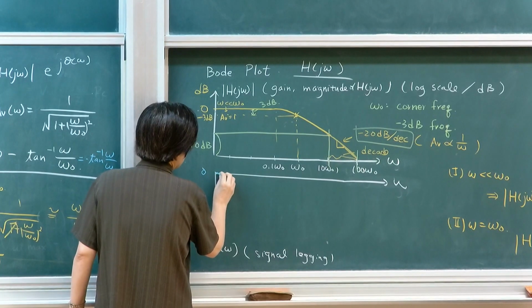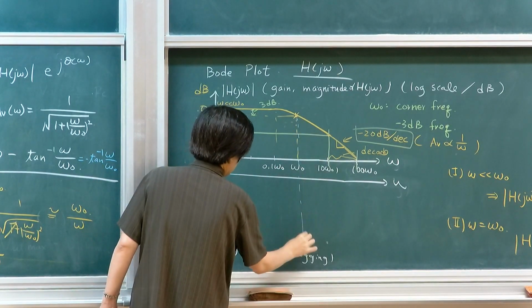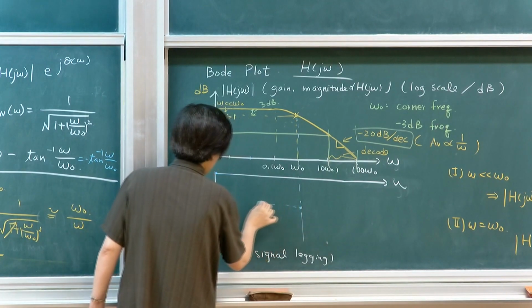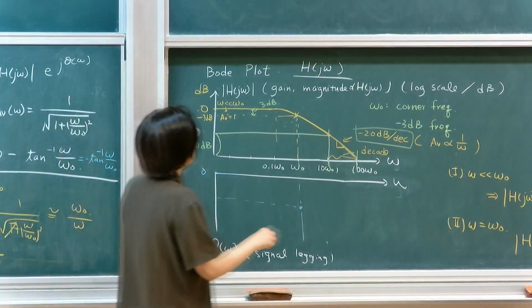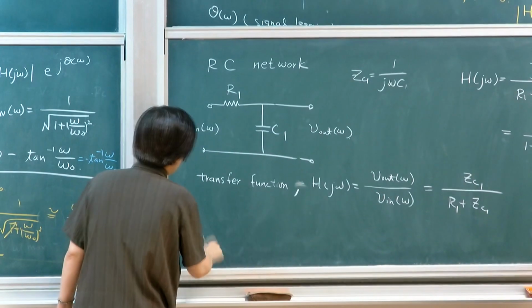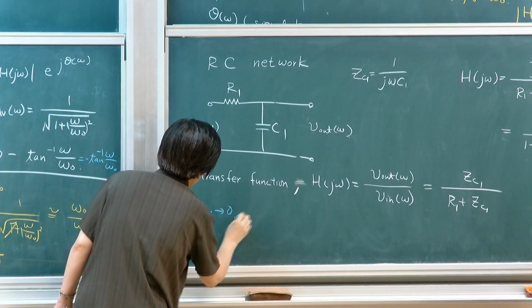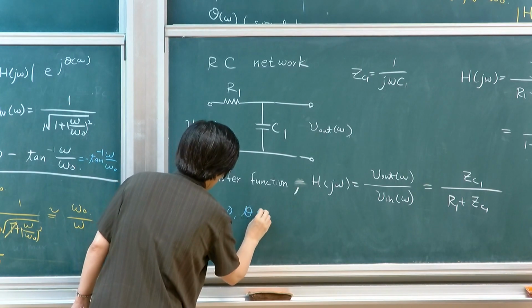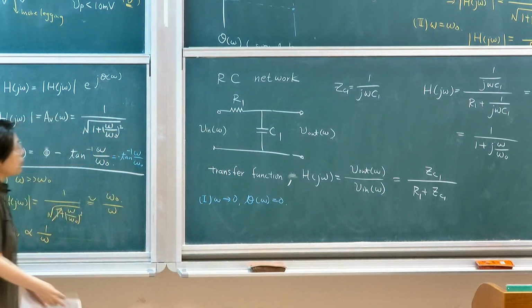So we find out each point. You also look at 3 regimes. At omega close to 0, the phase shift is 0, meaning that frequency is very low. There's no lagging.